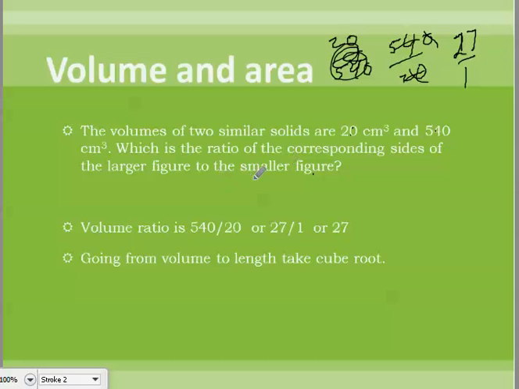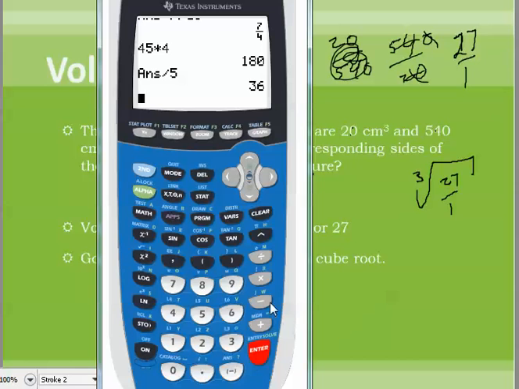But if they want the ratio of the sides, what I have to do is I have to take the cube root. Okay? Cube root of 27 over 1. Well, the only way I can successfully do that is on the calculator.